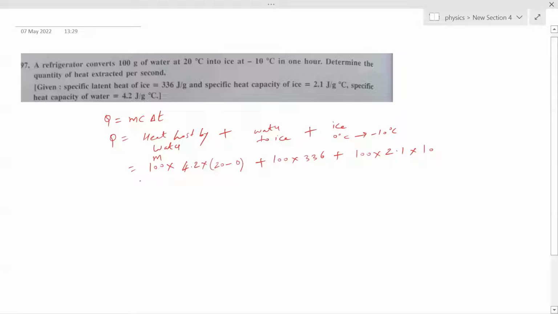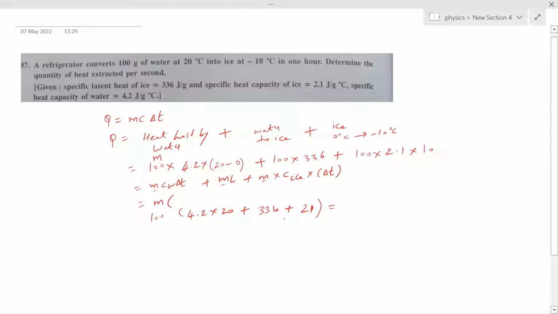So always first write this step: m c_w delta T plus mL plus m c of ice delta T. You can take m out common, so then it becomes easy. So 100, and if we take out common, then it would be 4.2. Complete and get the answer.